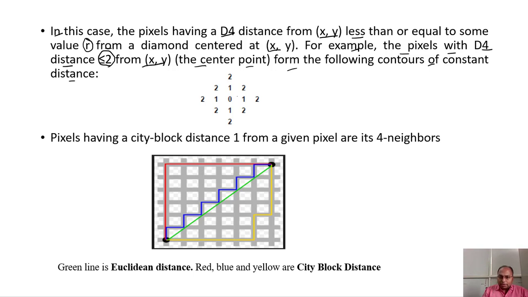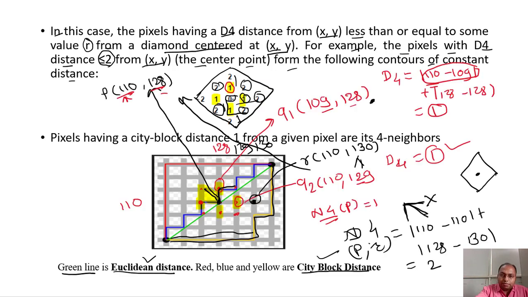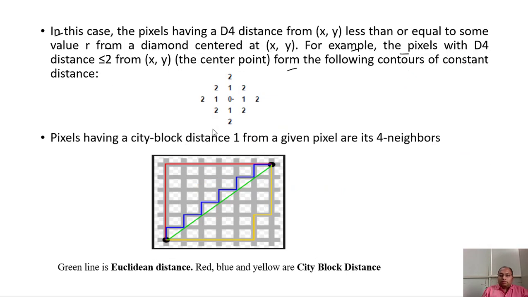So this is your center pixel. For example, let us again consider a similar type of example. First we will discuss this one. Wait for a minute. I hope you understood it very well.